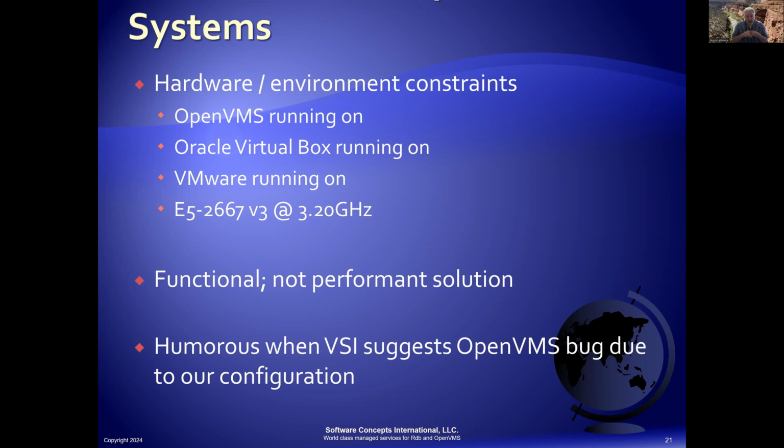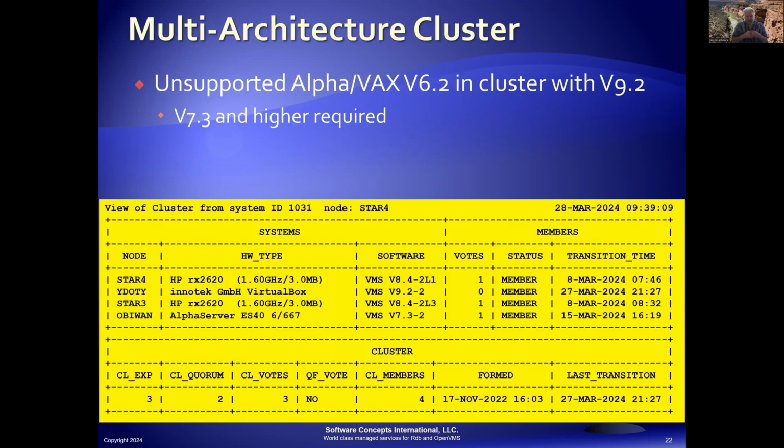We run a multi-architecture cluster, which is kind of my main testing and development, our main system. And at the beginning of this, it became a little clumsy because for years, we ran a VAX 6.2 and an Alpha 6.2 system in our cluster, and that was to ease some of our build requirements so I could submit a batch job and build for VAX executables.